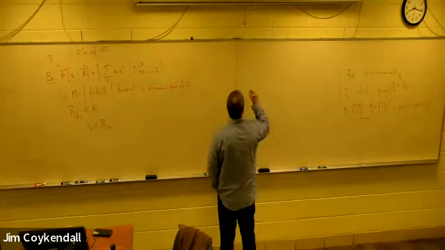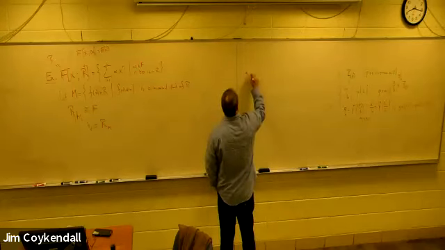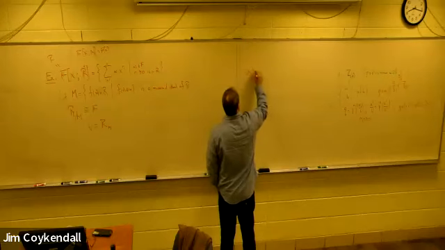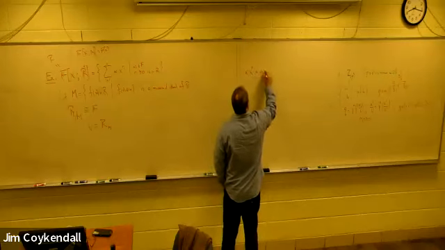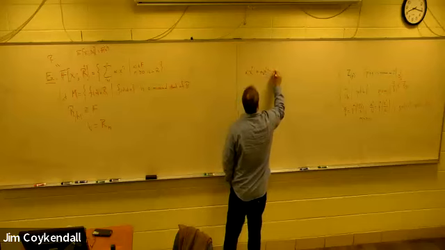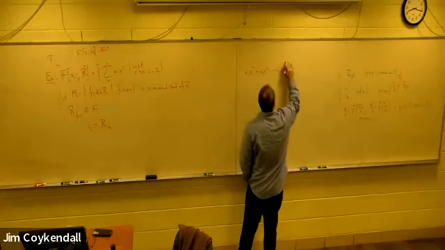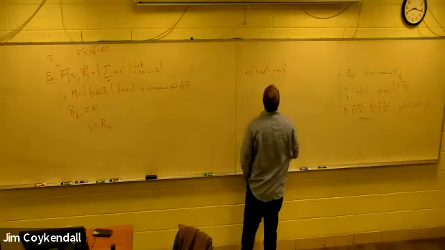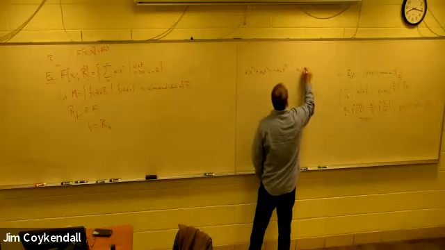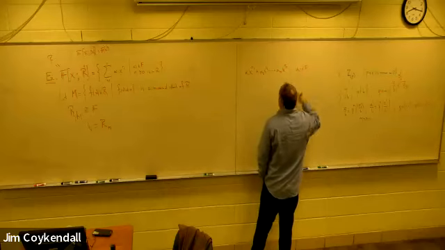Well, alpha 1 x^R1 plus alpha 2 x^R2, and so on, plus alpha n x^Rn.